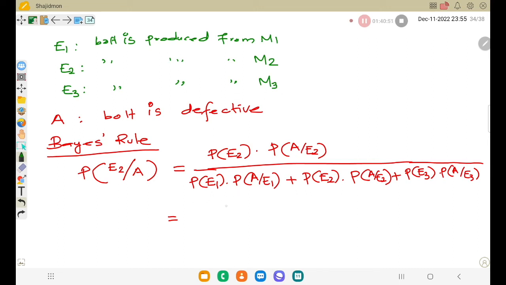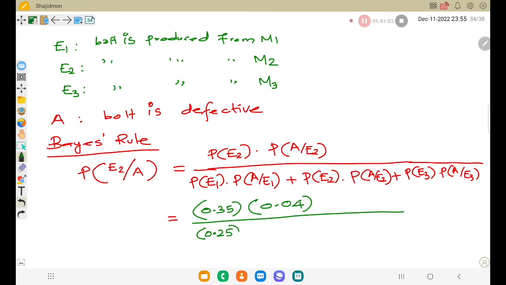So probability of E2 means 0.35. A given E2 means 0.04. Divide by probability of E1 means 0.25, A given E1 means 0.05, plus probability of E2 0.35, A given E2 0.04, plus E3 probability 0.40, A given E3 means 0.02.